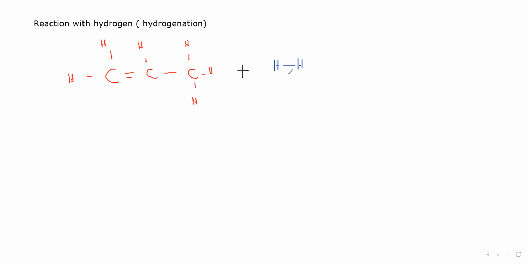Now first, what happens when the alkene reacts? When the alkene reacts, the double bond will break. So first we break the double bond. Here the double bond is there, so that double bond will break. So draw the same structure, but without a double bond.